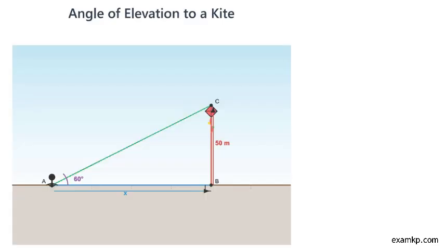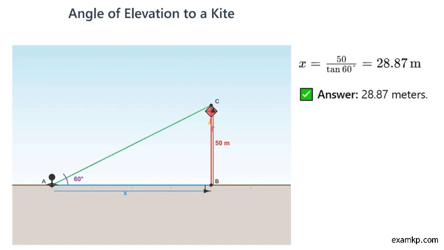So the answer is 21.01 meters. NECO question 2. A kite is flying 50 meters above the ground at an angle of elevation of 60 degrees. Find the horizontal distance. x equals 50 over tan 60 degrees, which is equal to 28.87 meters. So the answer is 28.87 meters.